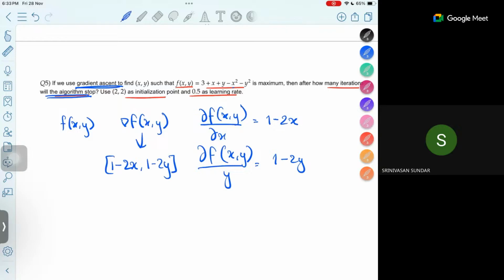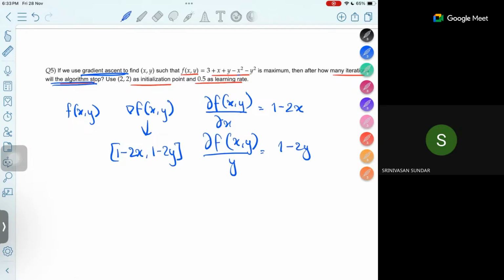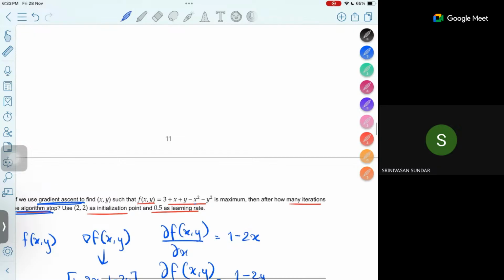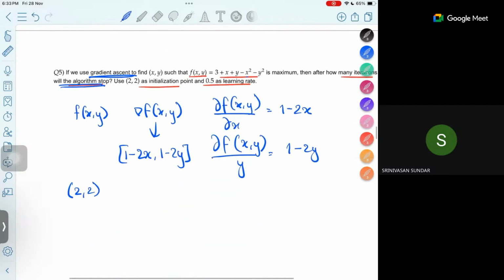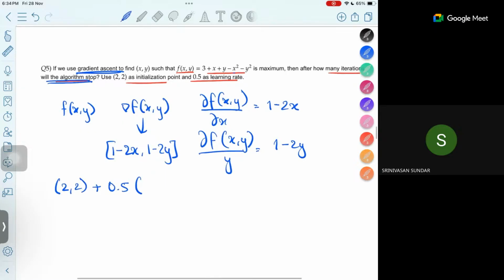Okay, so we have our original point as the initialization point, and the update rule will be: we have 2 comma 2 plus, this is gradient ascent so plus, eta times, so 0.5 times 1 minus 2x and 1 minus 2y evaluated at 2 comma 2.